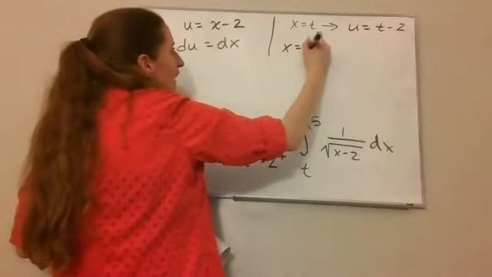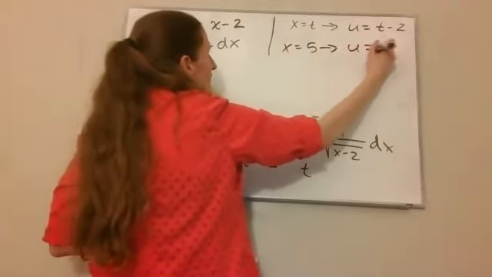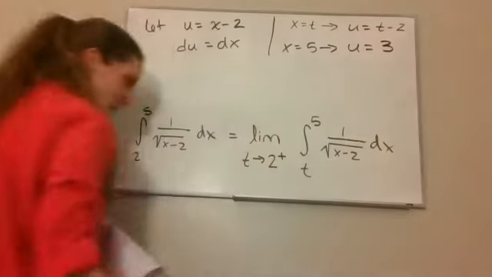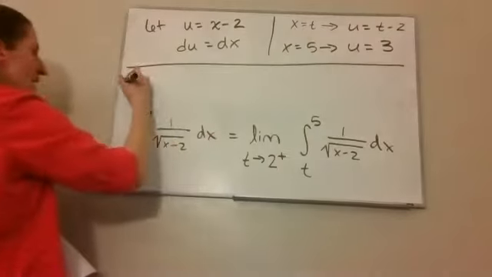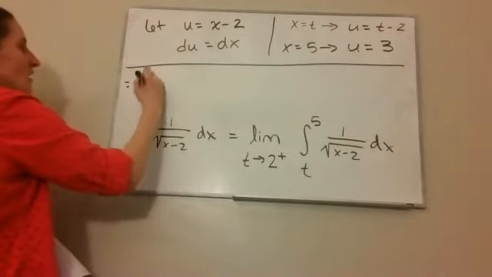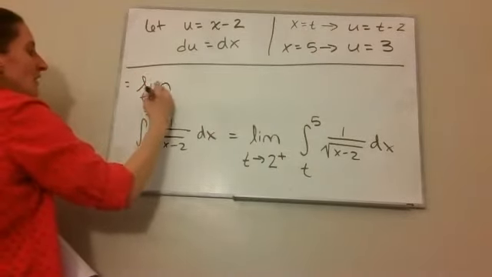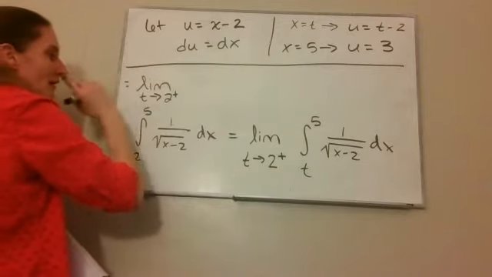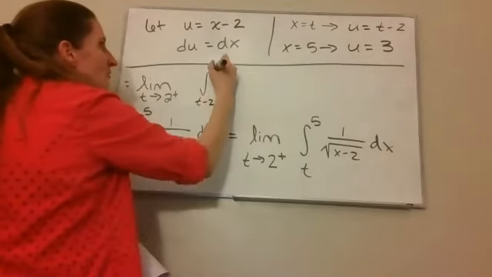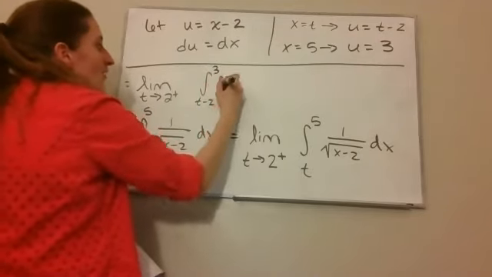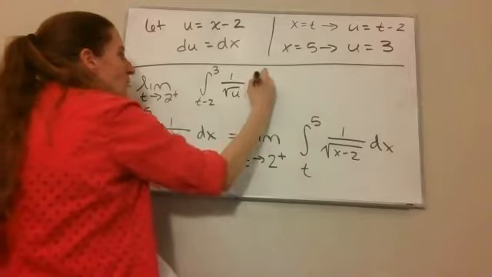And when x is 5, then my u is going to be 5 minus 2, which is 3. So rewriting my integral using my u substitution, I have a limit as t approaches 2 from the right side of the integral from t minus 2 to 3 of 1 over square root of u du.